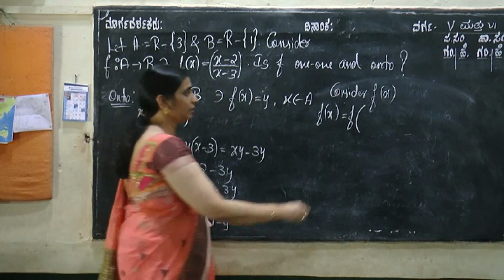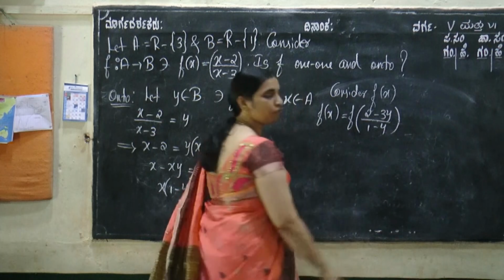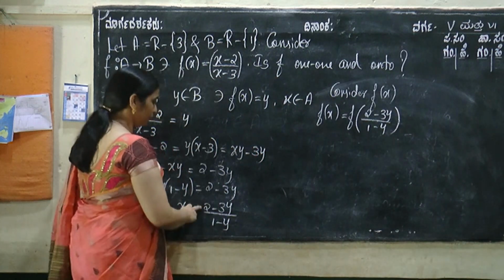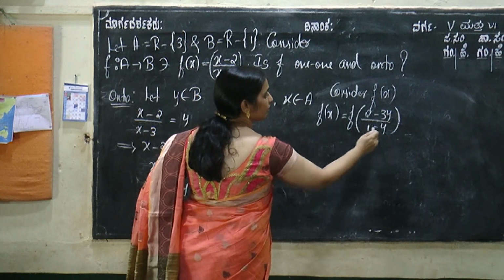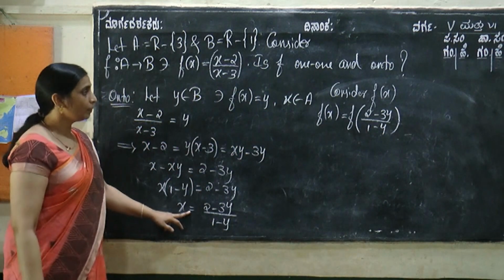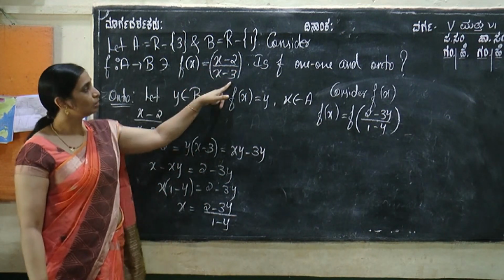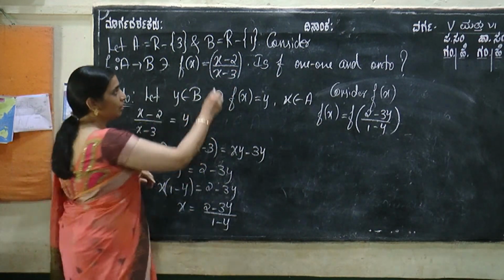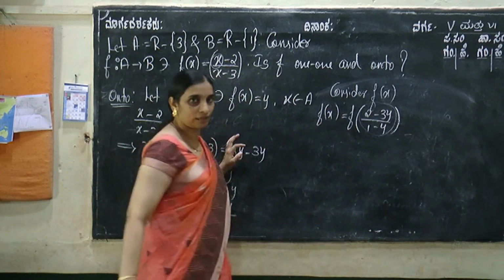Substitute 2 minus 3y divided by 1 minus y. Now f of x, in place of x we are putting 2 minus 3y divided by 1 minus y. But what is f of x using the definition? It is x minus 2 divided by x minus 3. Now in place of x, we have to substitute this whole value.